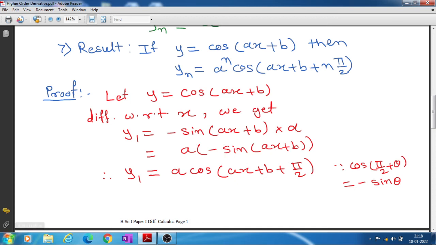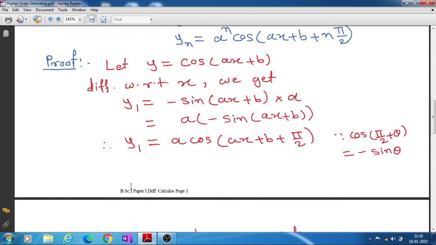Now we use the formula cos(θ + π/2) = -sin θ, or -sin θ = cos(θ + π/2). So for this minus sin(ax + b), we write cos(ax + b + π/2). So the first derivative becomes y1 = a cos(ax + b + π/2).